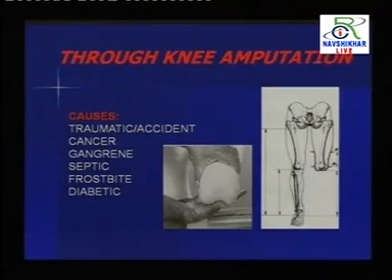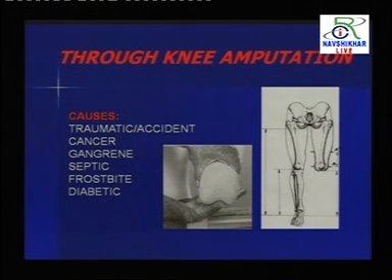Like he mentioned earlier, if the end is not able to bear the weight, then we have to go for another option, a higher level of weight bearing area. That's why we need a good amount of muscle at the knee level also, to make the patient able to bear the weight at the distal end itself. In that case, we need to keep the stump healthy at the distal end so that the whole body weight is borne on it.